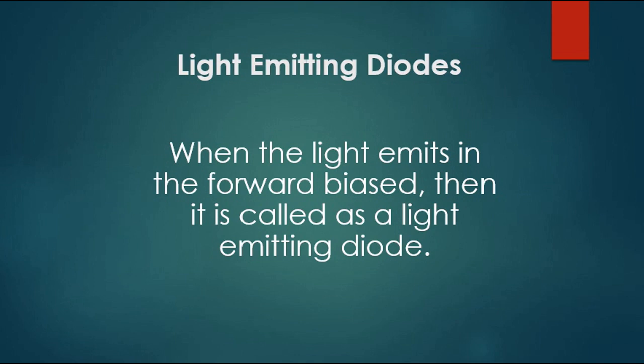When the light emits in forward bias, it is called a light emitting diode. What do I mean by that?